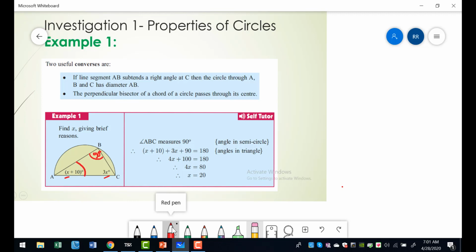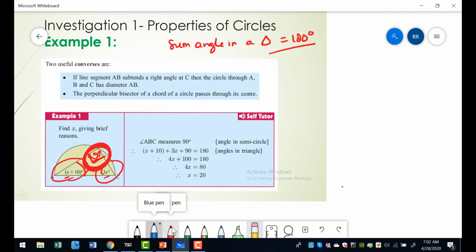Because these three are angles in a triangle, and the sum of the angles in a triangle is equal to 180 degrees, if we add all of these angles, it will become 180 degrees.